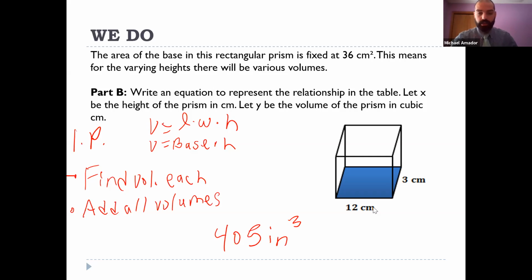All right. So in closing, today we did a review of the important strategy work that we need to do in order to solve multi-step problems. They help us break down difficult problems so that we can solve them step by step, and so that we don't make mistakes along the way.